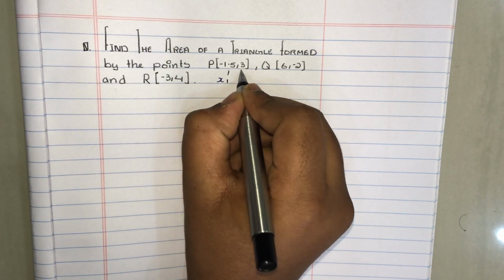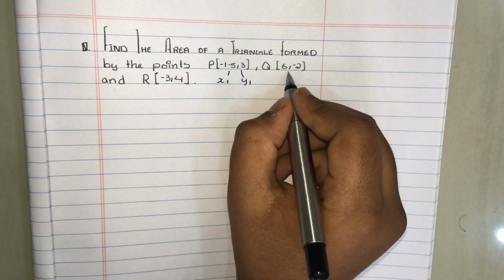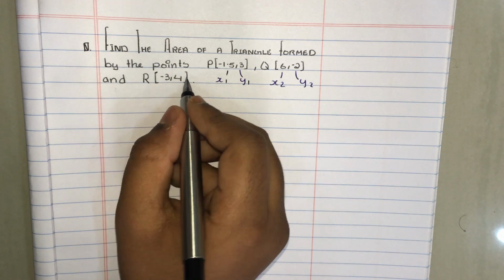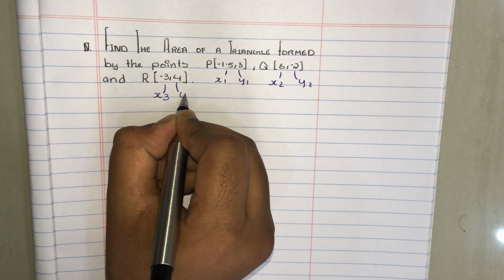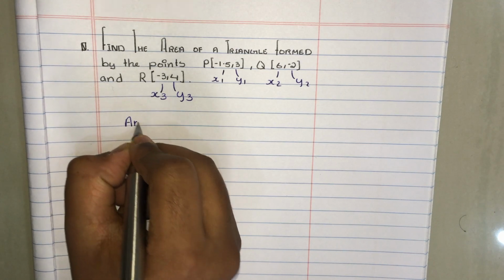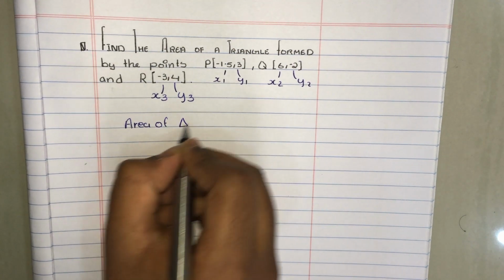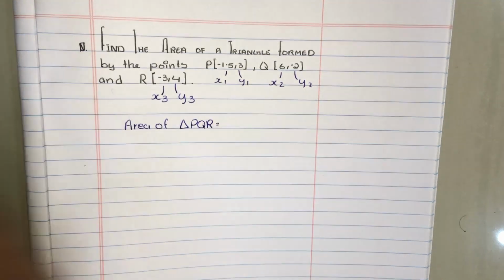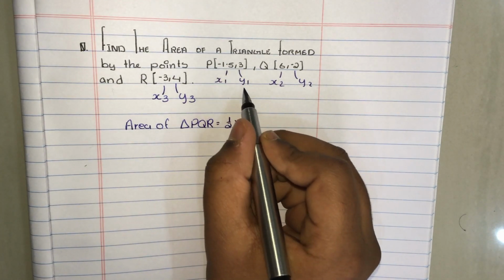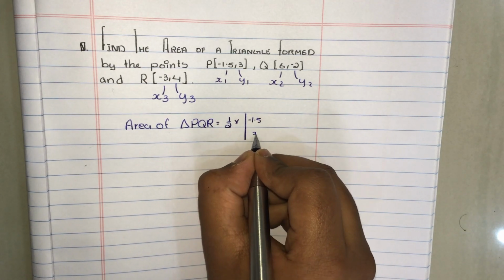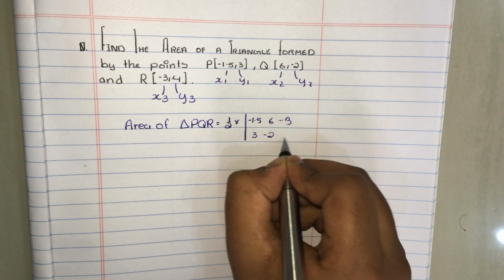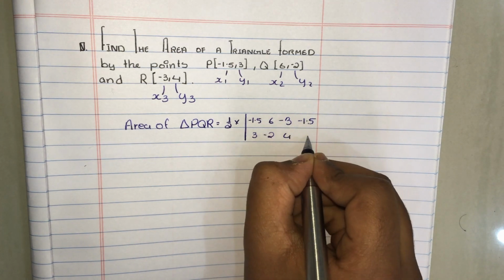This is x1 and this is y1, and Q(6, -2), that means this is x2 and y2, and R(-3, 4), so -3 is x3 and 4 is y3. So the area of this triangle PQR is equal to half into x1 y1: -1.5 and 3, 6 and -2, -3 and 4, and again -1.5 and 3.